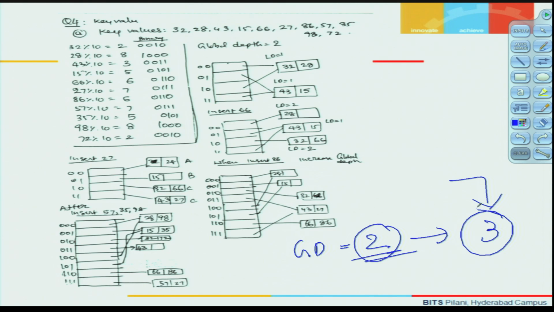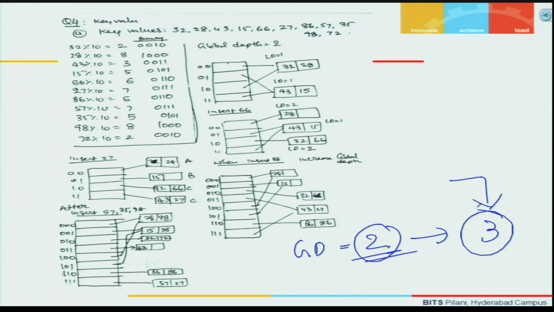Initially when I considered 2 leading bits, there were 4 entries, 2 to the power of 2. When I consider 3 leading bits, I will have 2 to the power of 3, that is 8 directory entries. That means when the global depth is increased by 1, the number of directory entries will double. So that is the concept here.